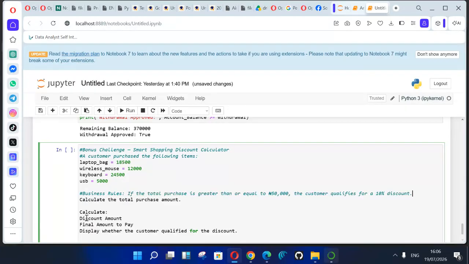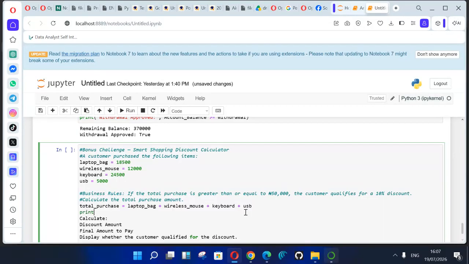Calculate the total purchase. So yeah, the total purchase will now be total purchase is equals to, that's the total purchase.